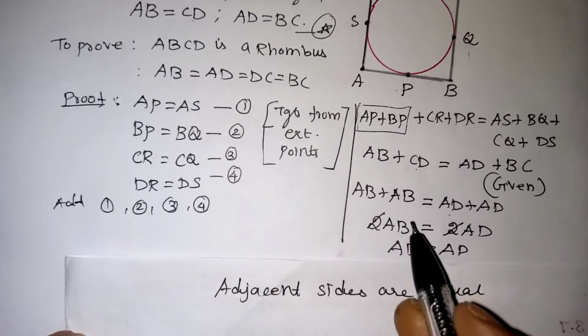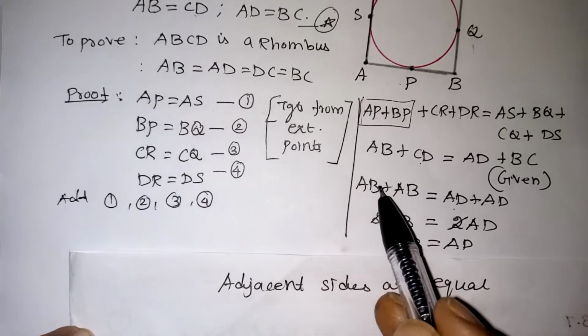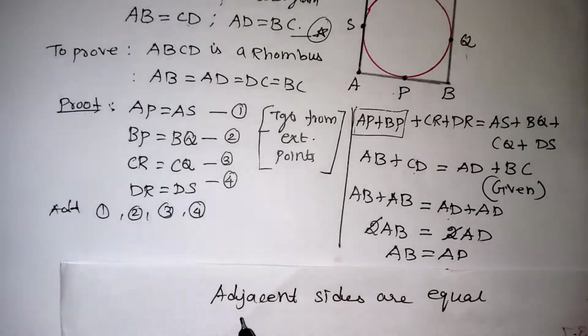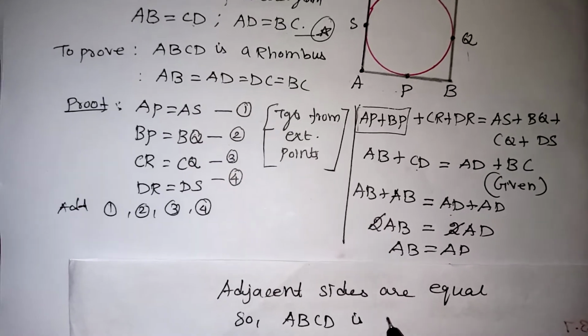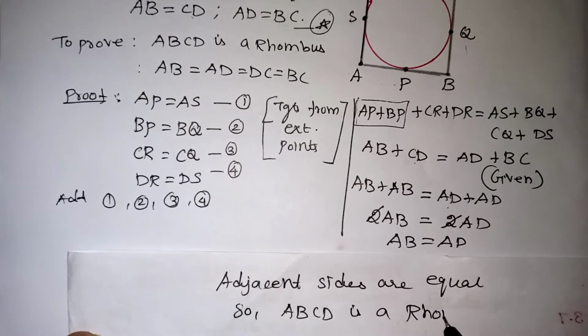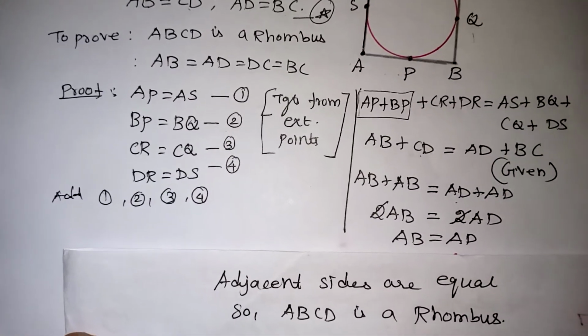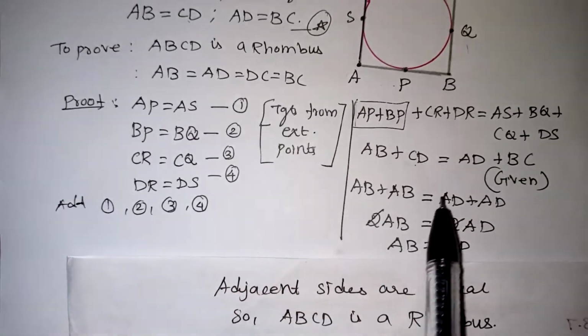Here we changed for AB. This can be changed to CD also. Similarly, we can prove for the remaining sides also. So all the adjacent sides are equal. Therefore ABCD is a rhombus, because in a parallelogram, when adjacent sides are equal, it is a rhombus. You may ask, ma'am, why didn't you prove for DC and BC?